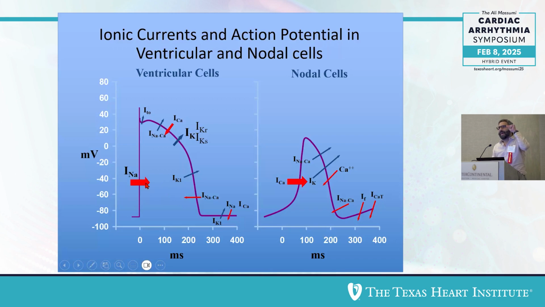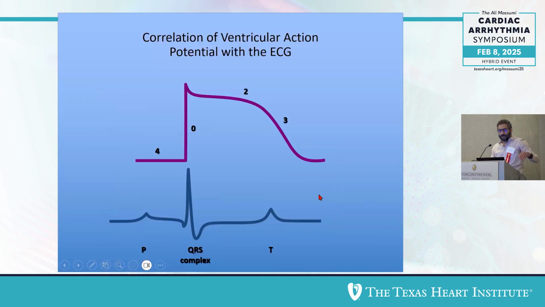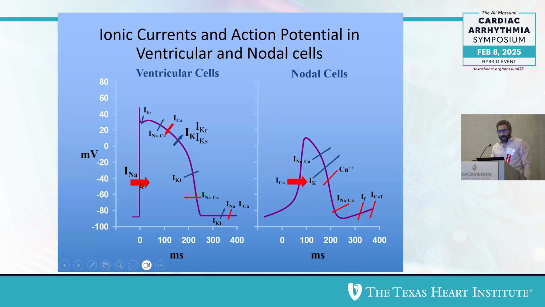If you are inhibiting the inward flow of sodium, you're going to shorten the action potential. Any time that current comes inside the cell, that's proarrhythmic, and any time current is not coming in, that's antiarrhythmic. That's shortening the action potential.